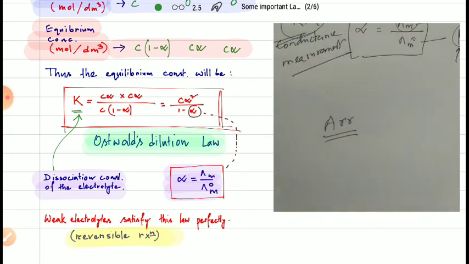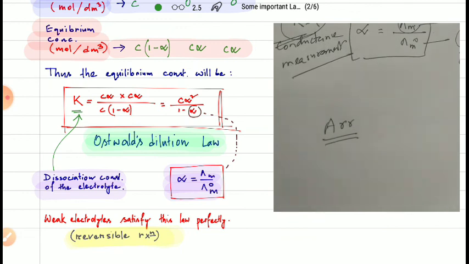Always remember this point. I hope you understand the Arrhenius theory and Ostwald law. In the next topic we will discuss some very important effects which are observed in electrochemistry.